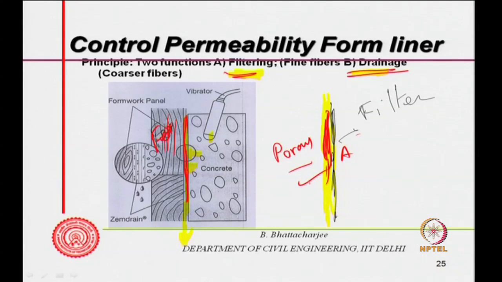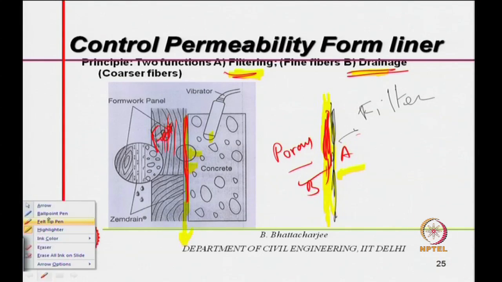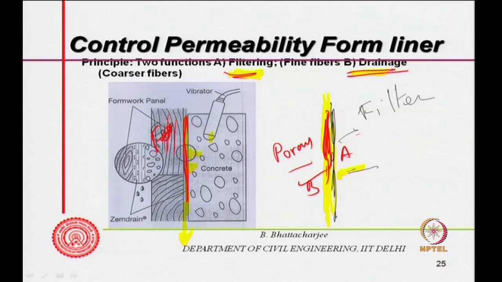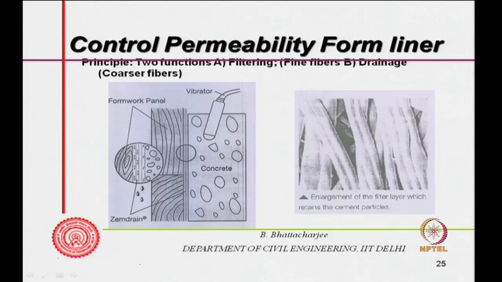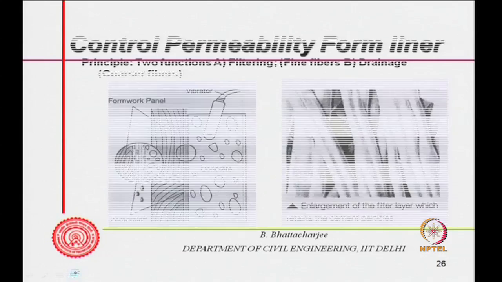So A is here, B is here. Cement particles move along this direction, water moves along this direction, but cement particles are blocked here. Water moves along this direction, comes here and gets drained off. The result is low water cement ratio at the surface.